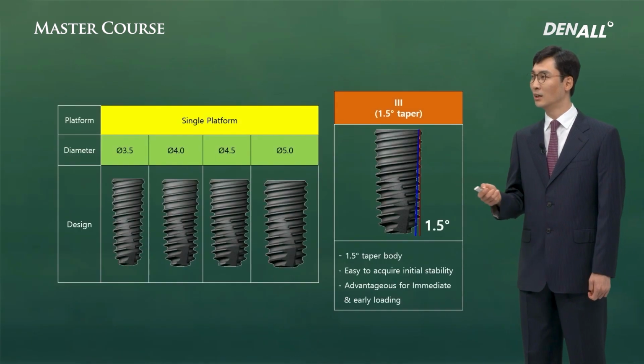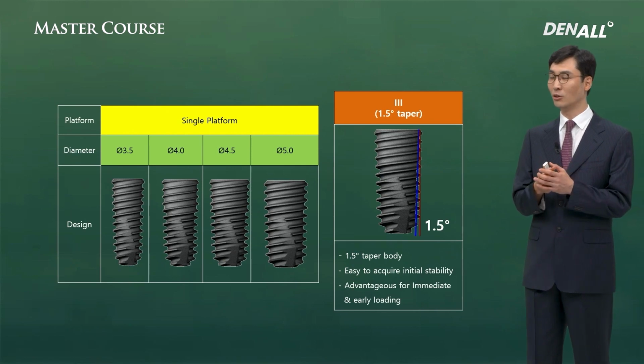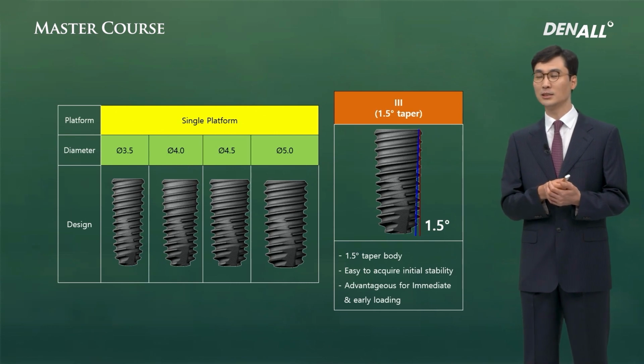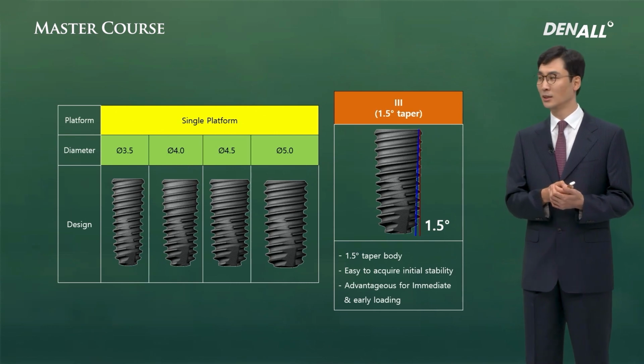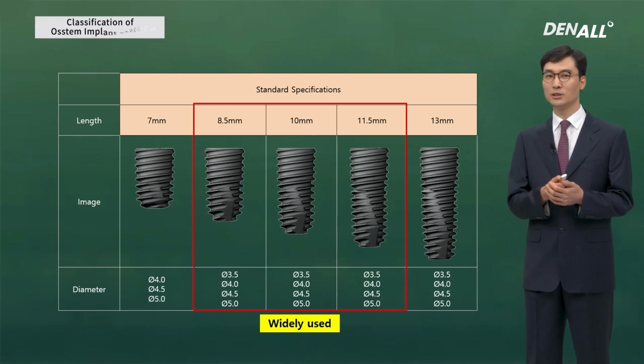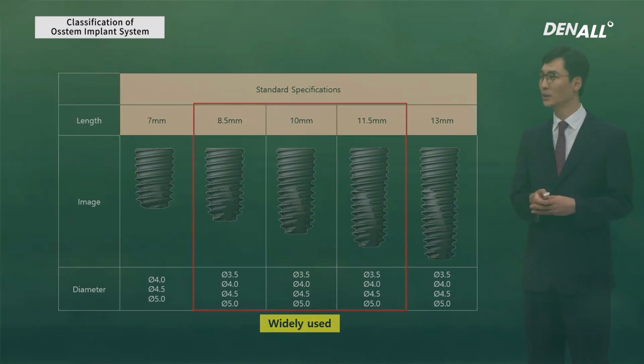As you can see, there is a single platform, regardless of mini or regular, where the abutment is connected, 1.5 degree tapered. KS3 implants are supplied. The standard length is 10 millimeters, ranging from 8 to 8.5 to 11.5.